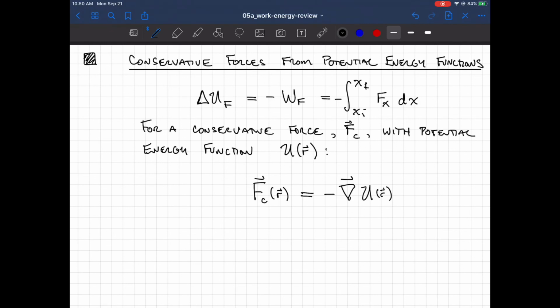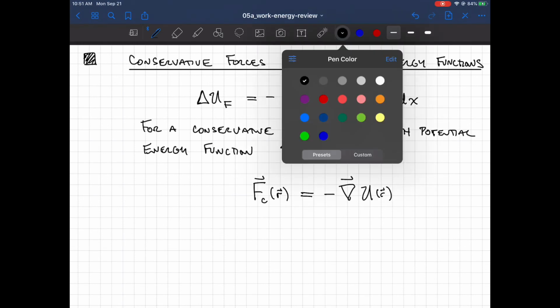Now this uses some math which you might not see until Calc 3, so you might not have seen it yet.